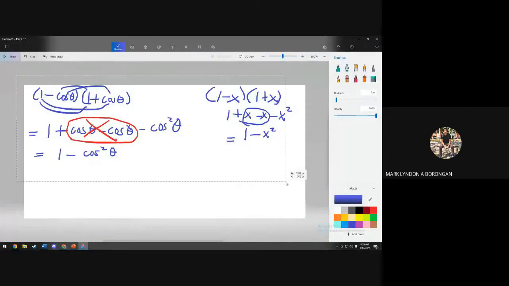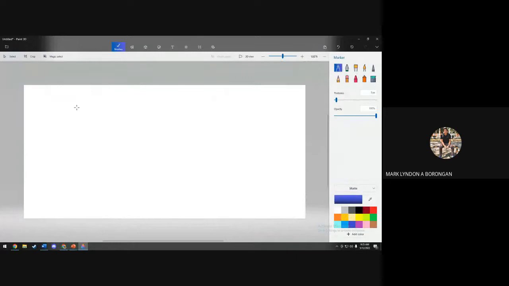So, atong paint diari, pakinaman tayo sine squared of theta plus cosine squared of theta is equal to 1. Okay. So, if atong i-transpose ang cosine squared of theta, sumabinlan tag sine squared of theta is equal to 1 minus cosine squared of theta.